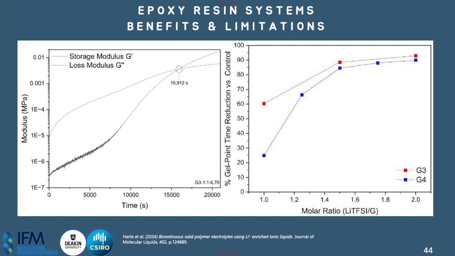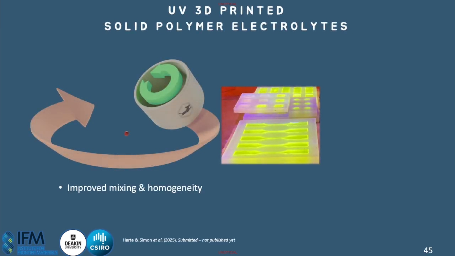in the system. So in order to improve our mechanical properties and improve the homogeneity of these systems, so we can mix them more efficiently using a system that would not have a reduced gel time due to the catalytic curing, we looked into UV resin systems.